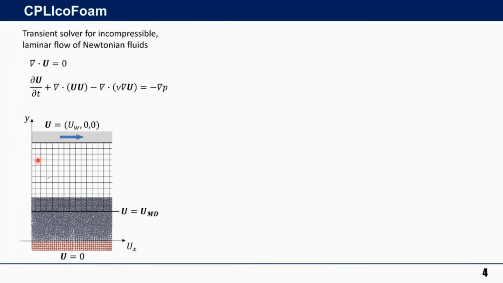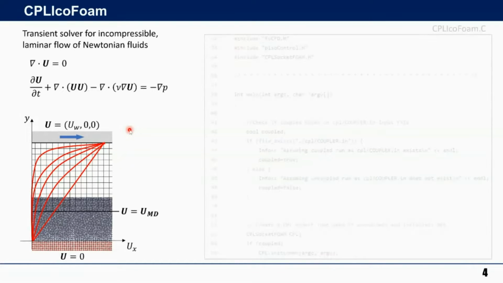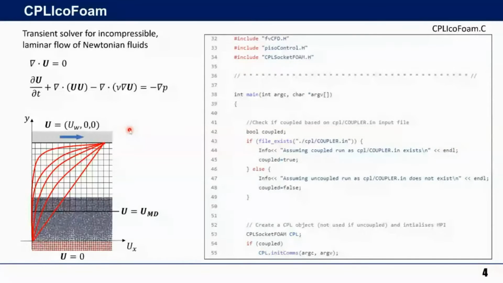If now we plot the horizontal speed as a function of the vertical coordinate, starting from a zero velocity field everywhere, we are expecting the velocity field to converge towards a linearly increasing velocity as time goes by, and become completely linear asymptotically as time goes to plus infinity. So what are the modifications we have done to the original icoFoam.C solver in OpenFOAM?